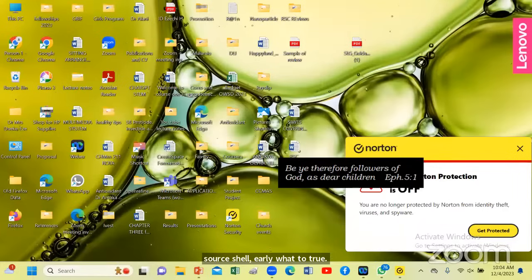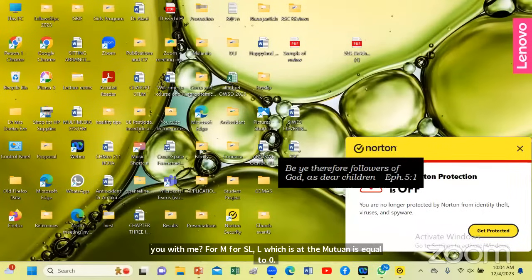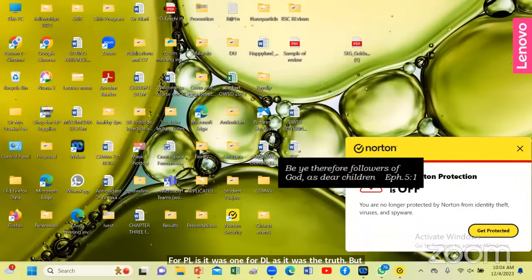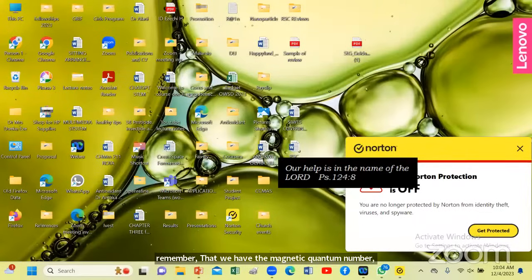For S, l, which is azimuthal, equals 0. For P, l equals 1. For D, l equals 2. But remember that we have the magnetic quantum number, ml, describing each of these, from minus l to plus l. Not just the number, but from minus to plus.